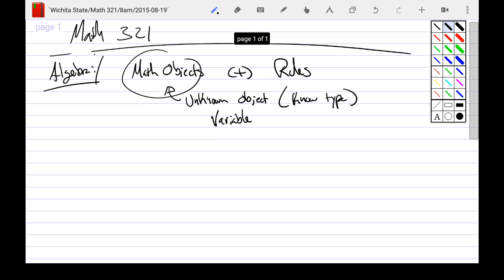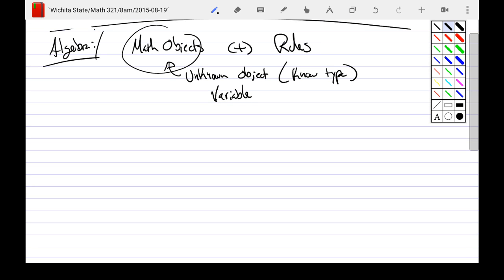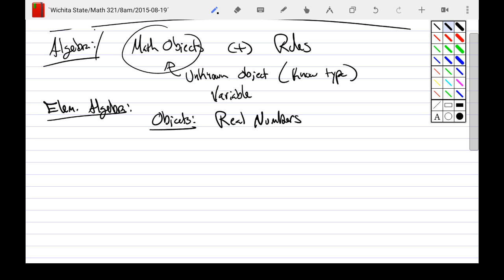a variable. So if we would do classic, what's called elementary algebra or college algebra, as you go through it, your toys, these objects themselves, are just simply real numbers. And the idea of real numbers is any decimal.